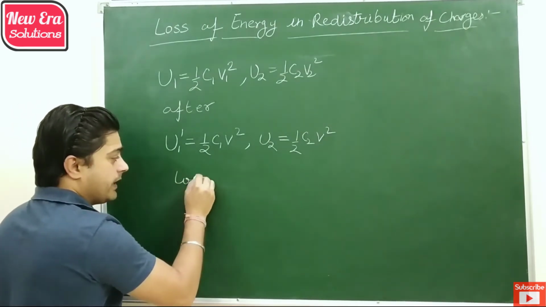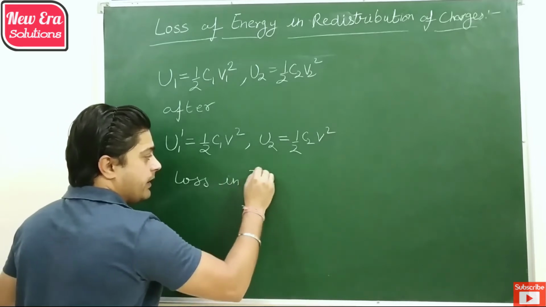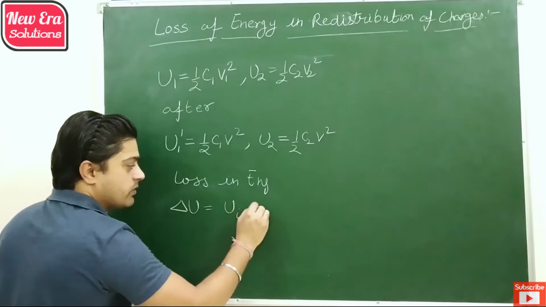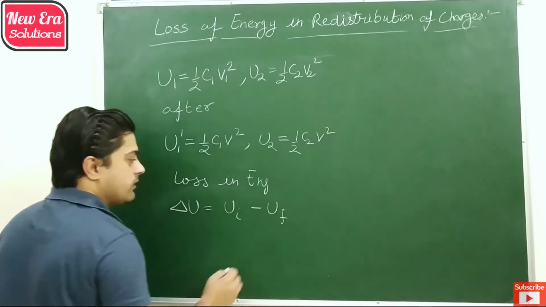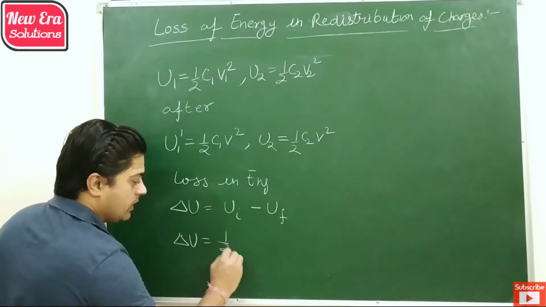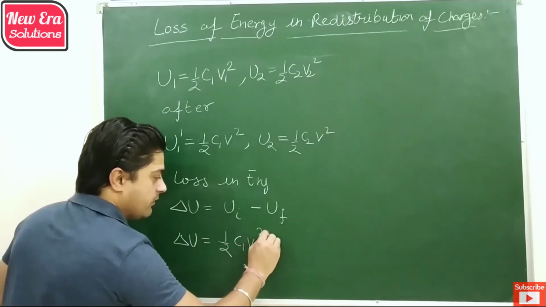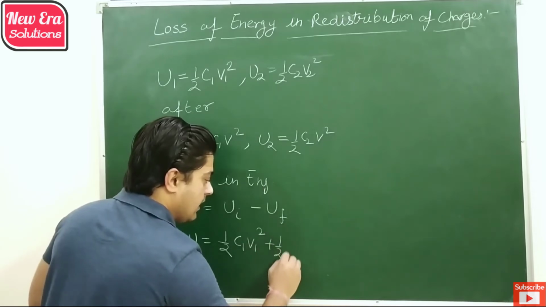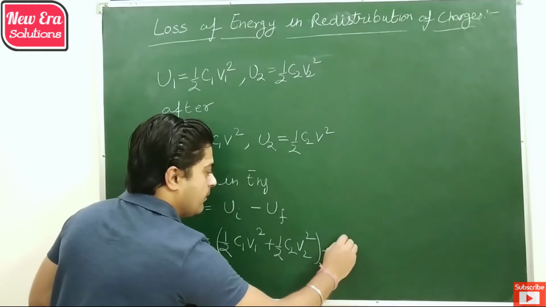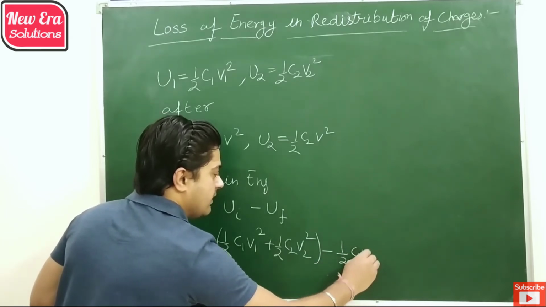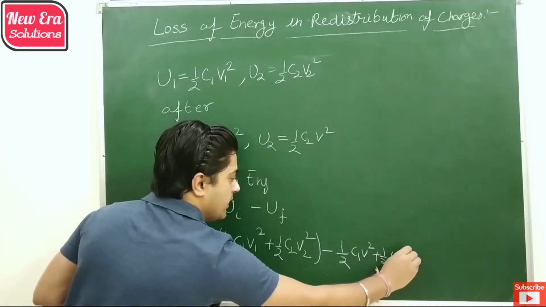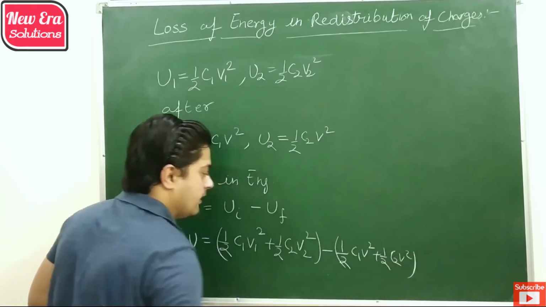So to calculate the loss in energy, we subtract the final total energy from the initial total energy. So the loss in energy is equal to half C1 V1 square plus half C2 V2 square, that is the initial energy, minus half C1 V square plus half C2 V square, that is the final energy.